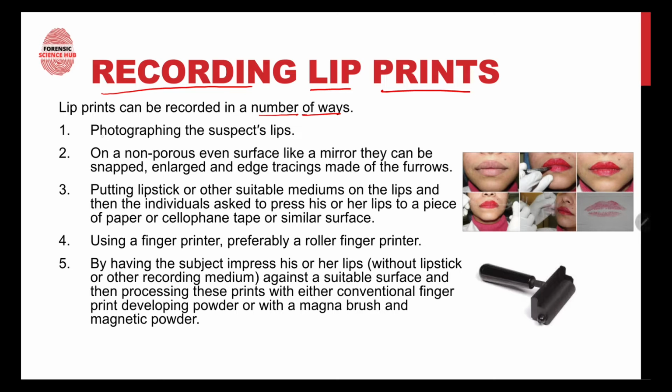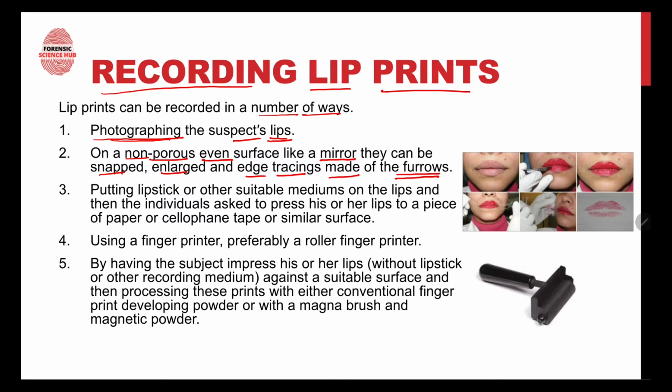First of all, we can simply photograph the lips of the suspect. This is the easiest method. Simply high definition cameras can be used and pictures can be taken of the suspect's lips. Then another thing that we can do is, on a non-porous even surface, for example a mirror, the lips can be snapped, enlarged, and edge tracing is made of the lip furrows.